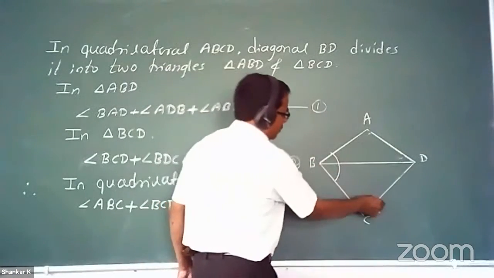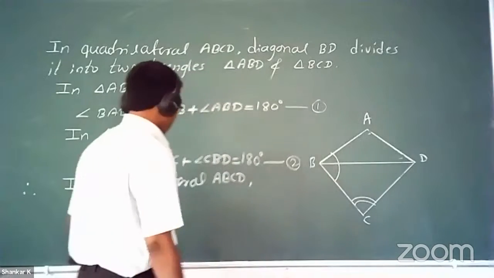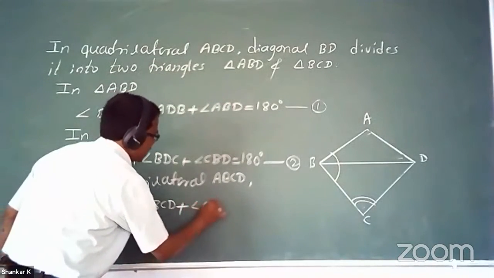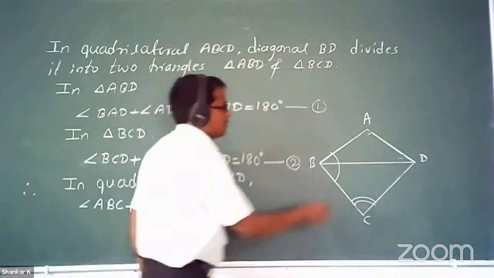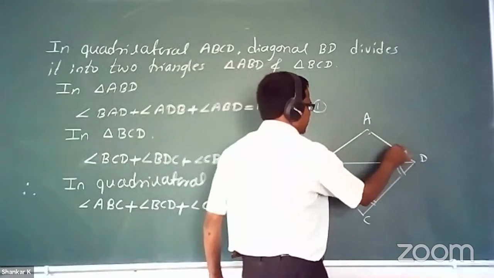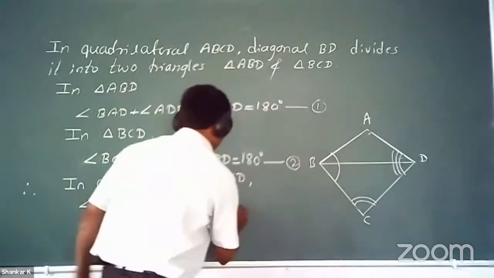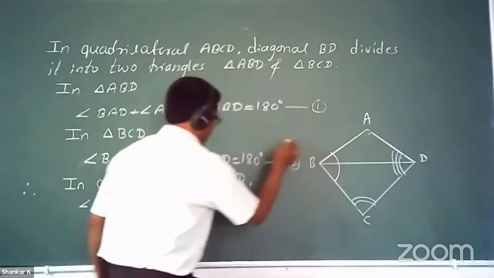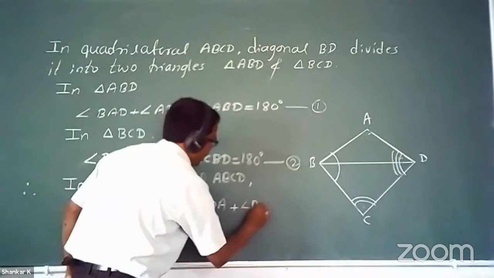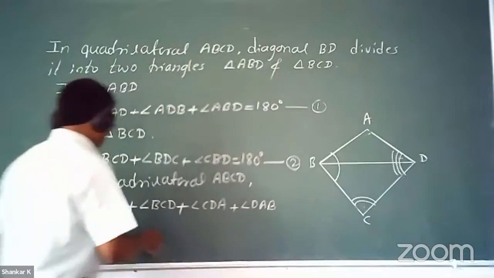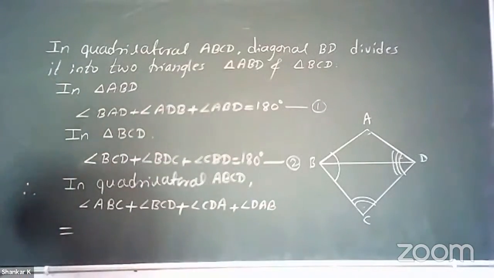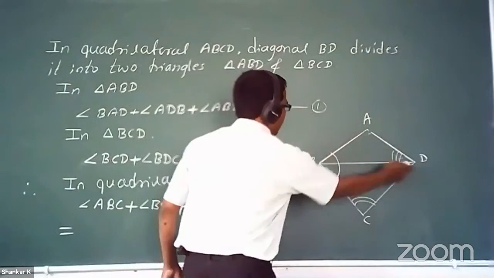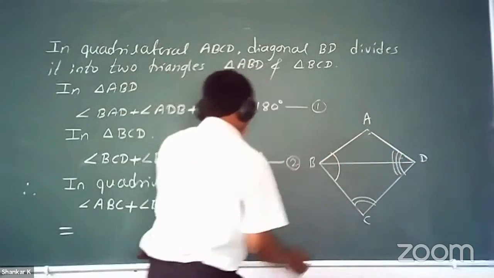These are all not equal; you can put different marks. Then plus angle CDA, this one, plus angle BAD, equal to... ABC, where is ABC? Here is ABC. ABC is ABD plus DBC.